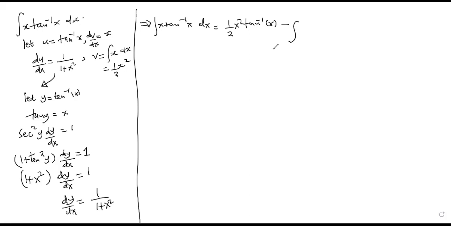V, which is a half, so I can move that half out. Then I'm left with x squared over 1 plus x squared, because this part after the minus is the same as v du dx.